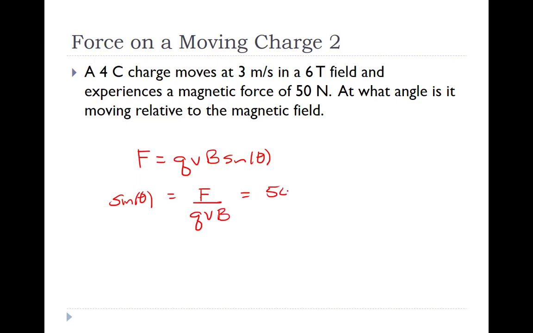The force, we are told, is 50 newtons. Q is 4 coulombs again. V is 3 meters per second. And B is 6 Tesla. This multiplies out to being sine theta equals 0.694, which means theta is 43.98 degrees.